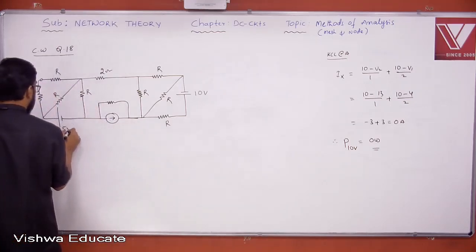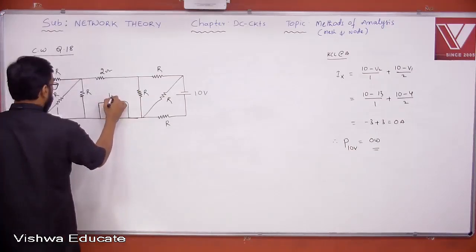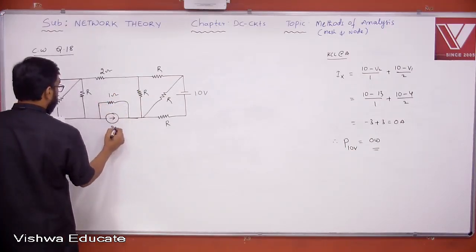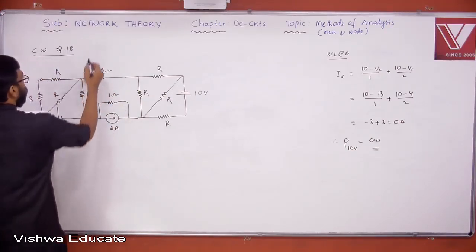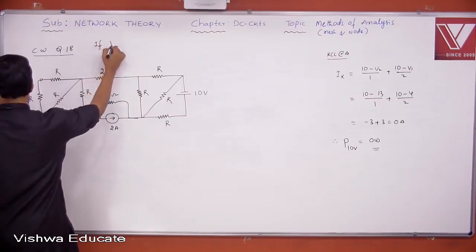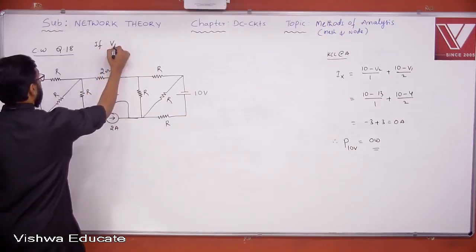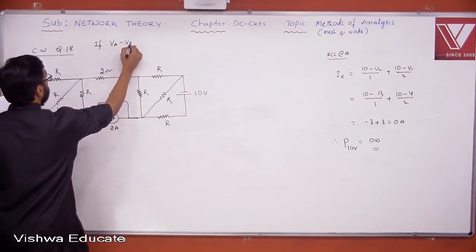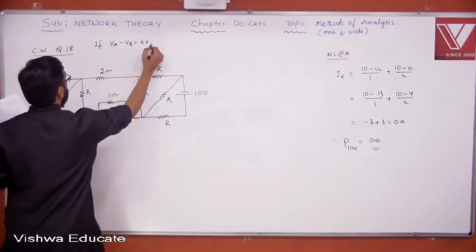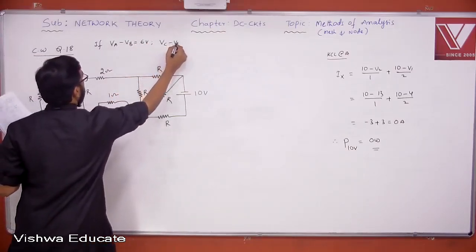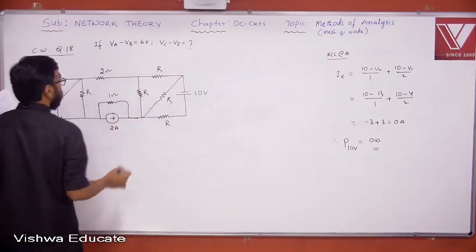So 5 volts. We have 1 ohm and 2 ampere. What is the question? If VA minus VB is 6 volt, then VC minus VD is how much, right? It is a very simple question.